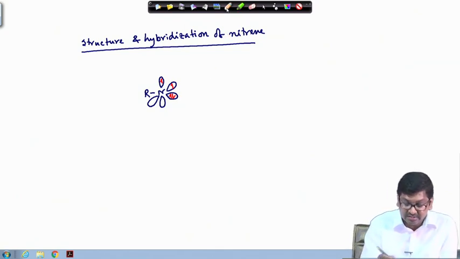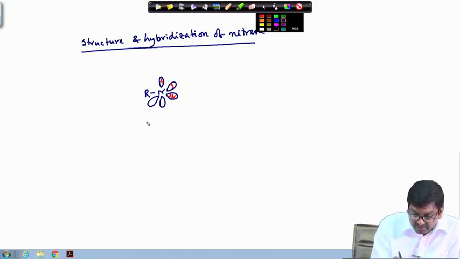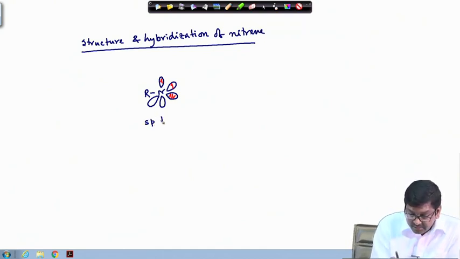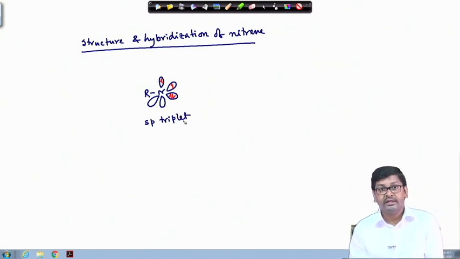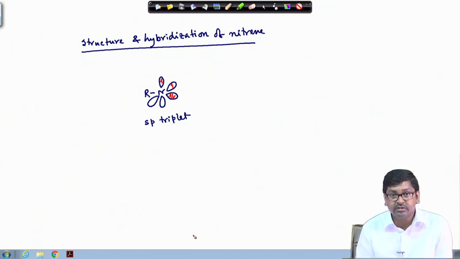This is sp triplet. They are sp hybridized and this is a triplet, because both are unpaired electrons with parallel spin.